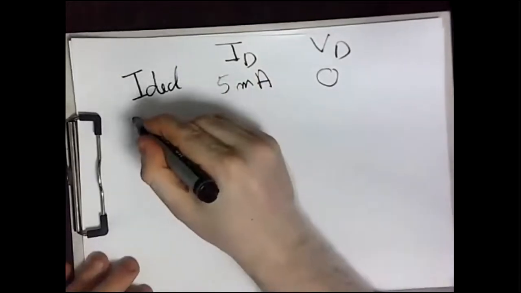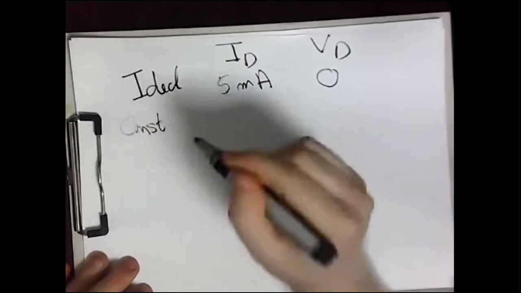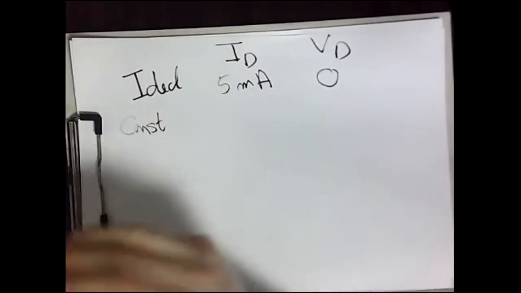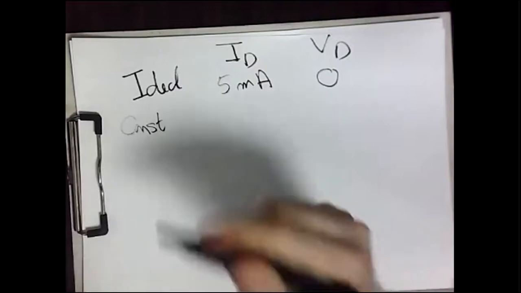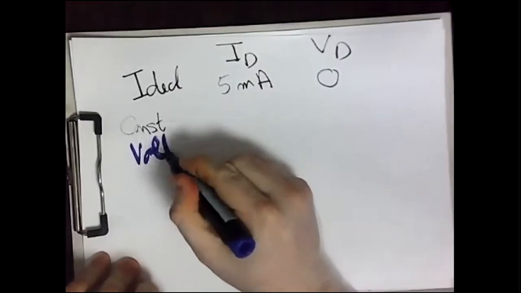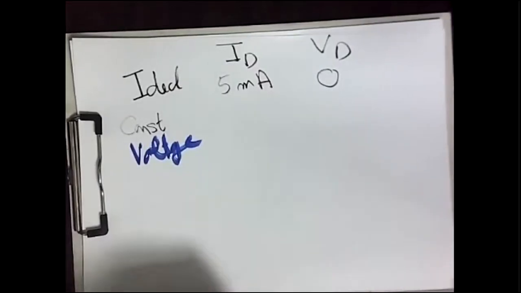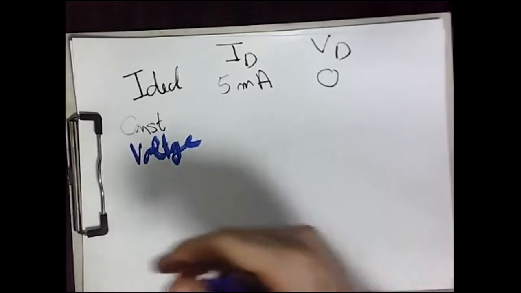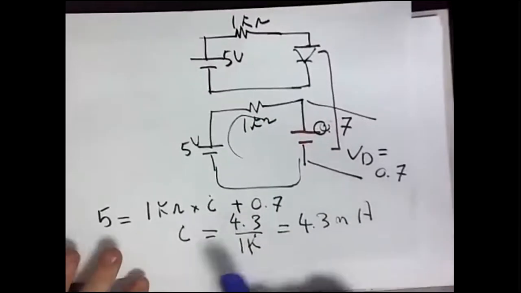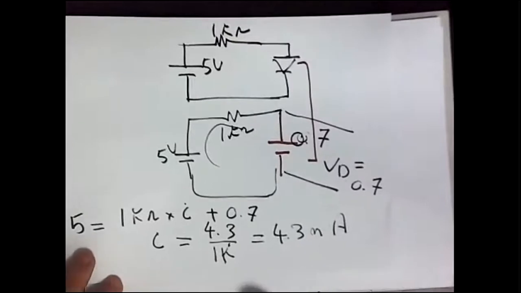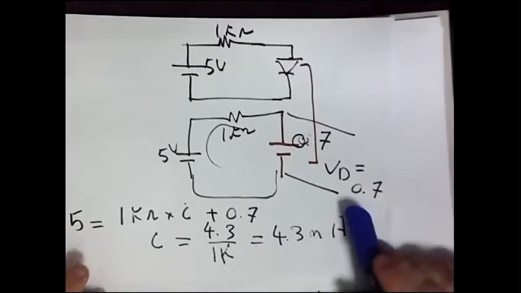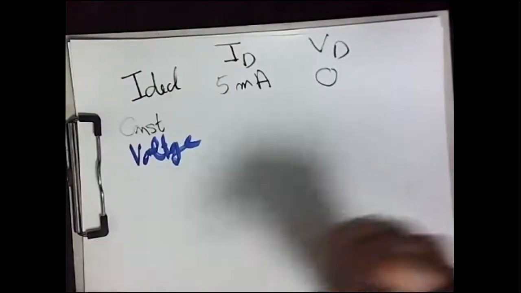Then we use the constant voltage method. In the constant voltage method, we get I equals 4.3 milliampere and voltage equal to 0.7.